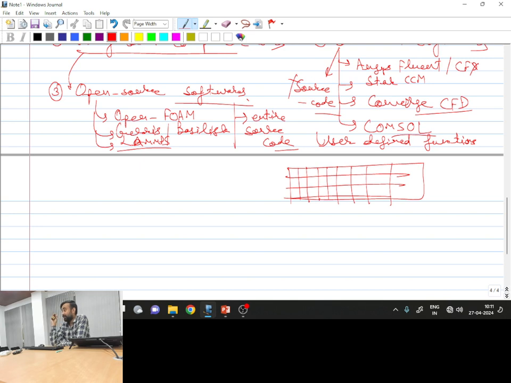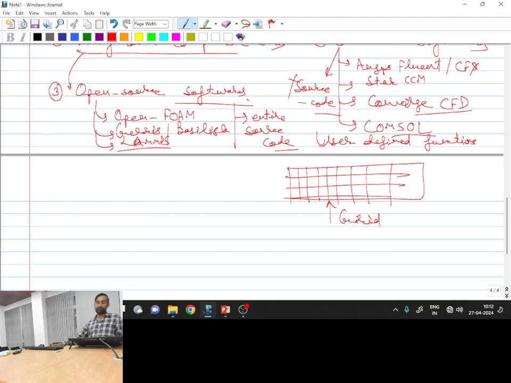But in actual practice, CFD is a simple term which means utilizing computers to solve equations. It means discretization has to be done, but it does not mean that discretization can be done only by using a grid. You can also have other methods to do discretization.